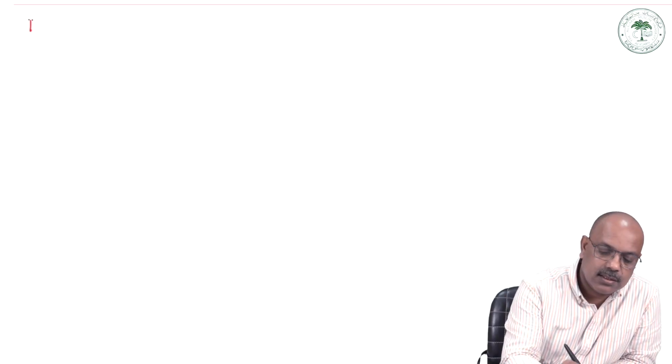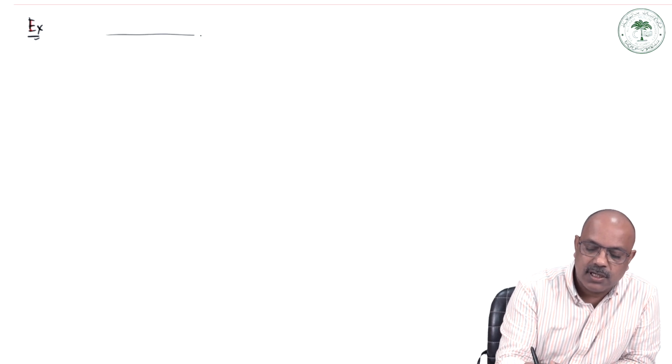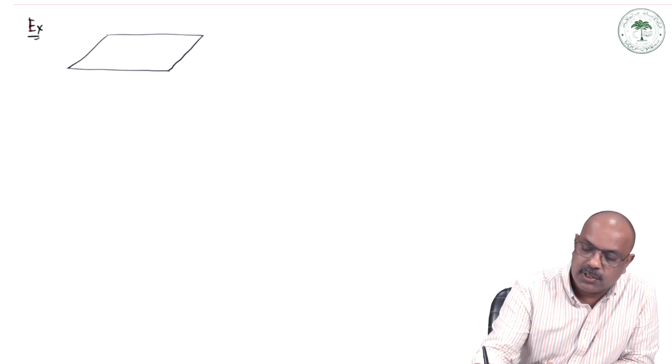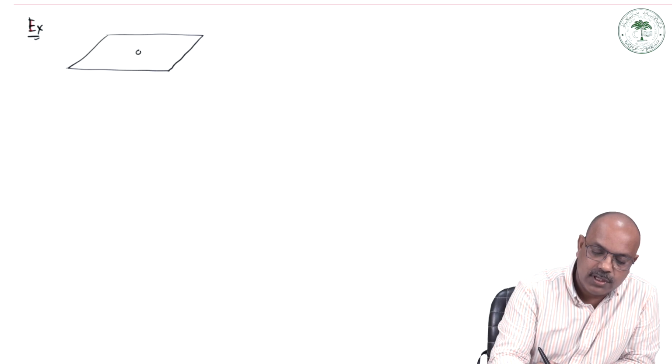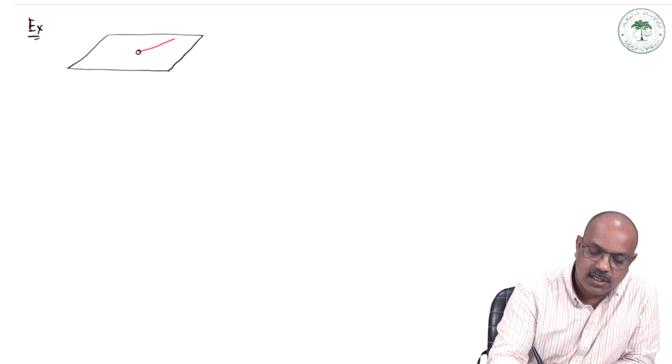The question is, if I have two masses which are connected, say, this is my example: I have a table, and this mass is connected with a string through a hole here.